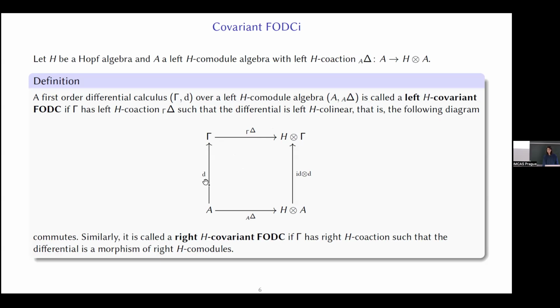And the differential is a morphism of comodules. So somehow you have lifted the comodule structure of A to the level of the calculus, which is precisely the fact that this diagram commutes. And you can do the same definition for right covariant first-order differential calculi.